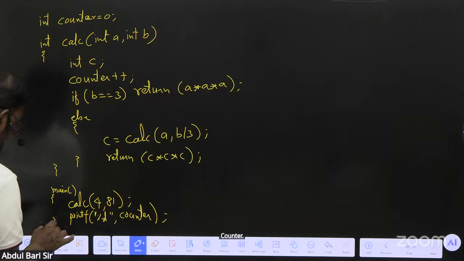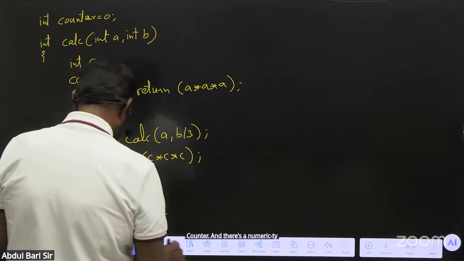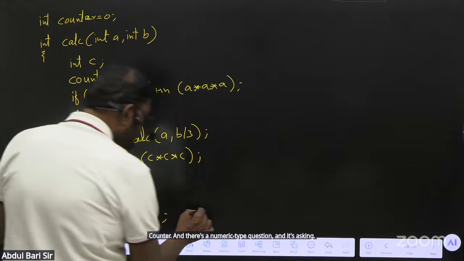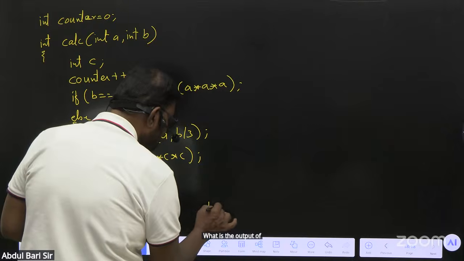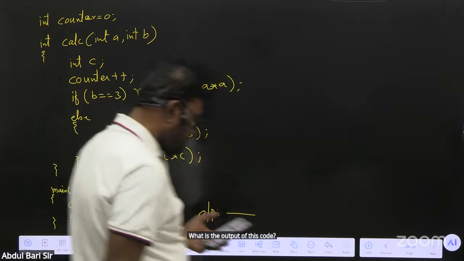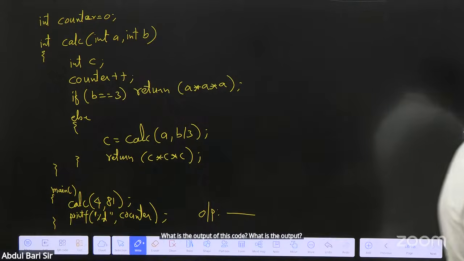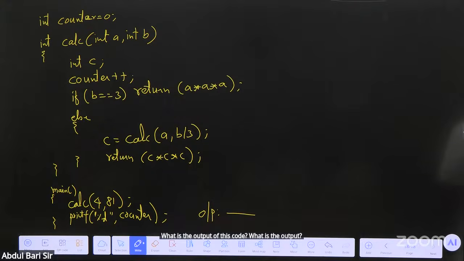And this is a numeric type question. It's asking what is the output of this code? What is the output? You have to trace it, then only you can answer it.